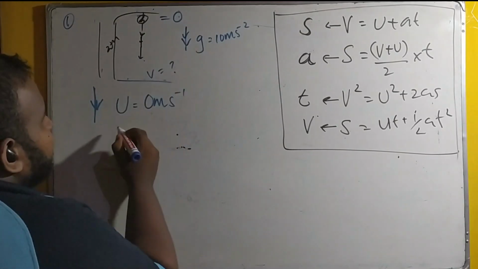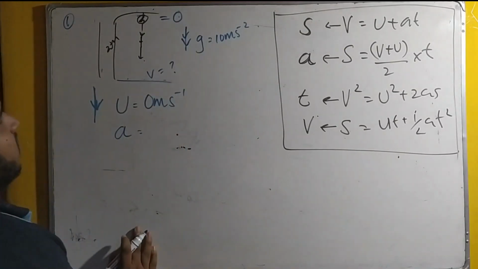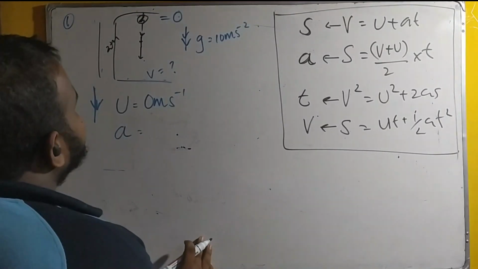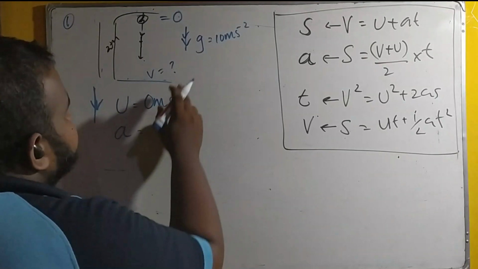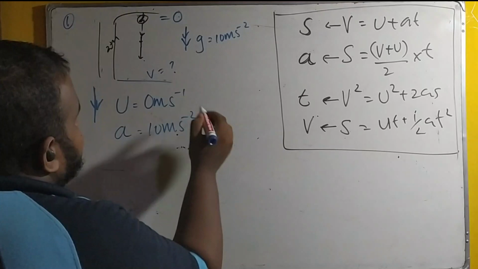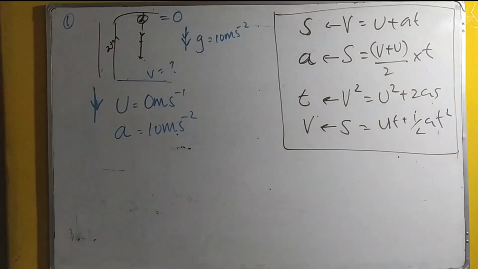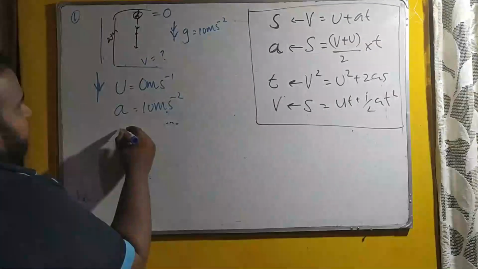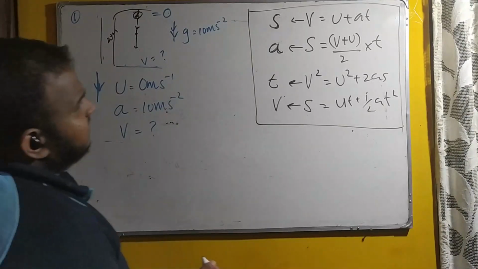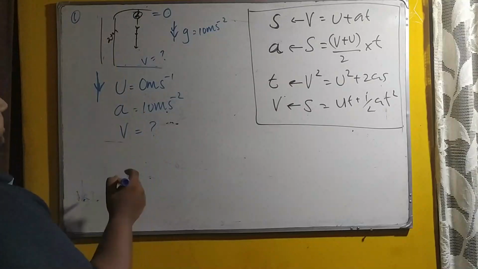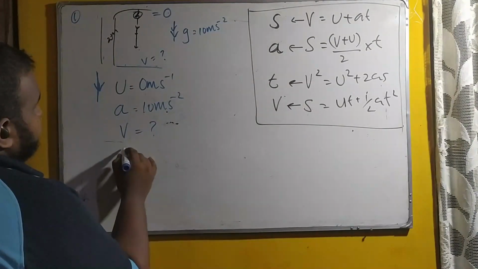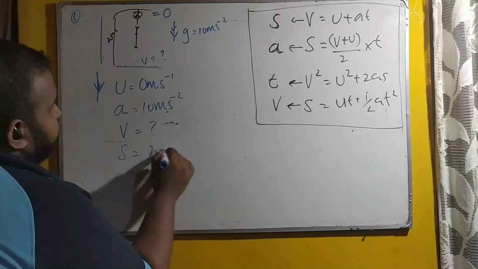They have given you the acceleration as well, which is 10 m/s². And they have asked you for the final velocity. What else is present? They have given the displacement as well, which is 20 meters.